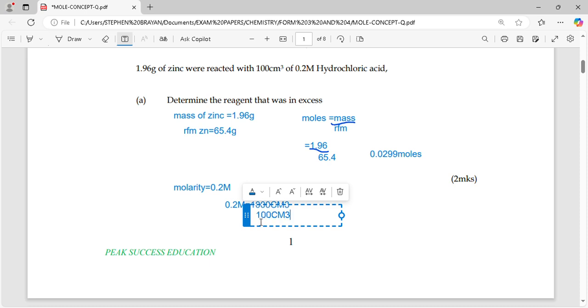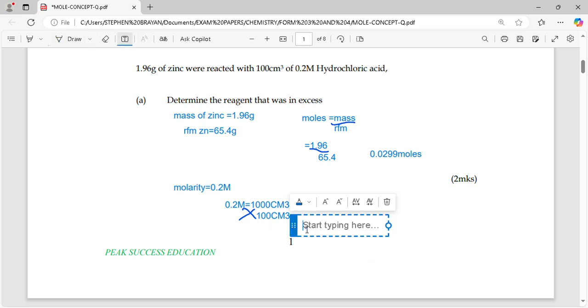How many moles is it going to give you? From here, you simply cross multiply, and you'll get that the number of moles is 0.02 moles.